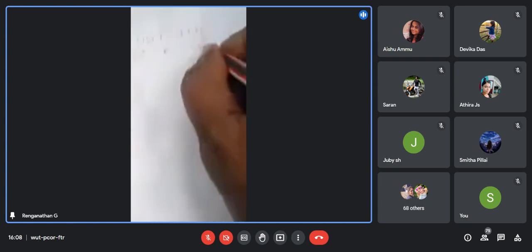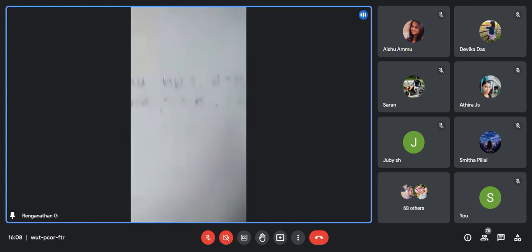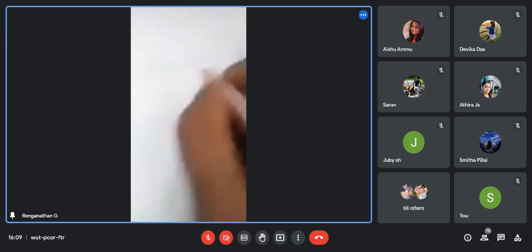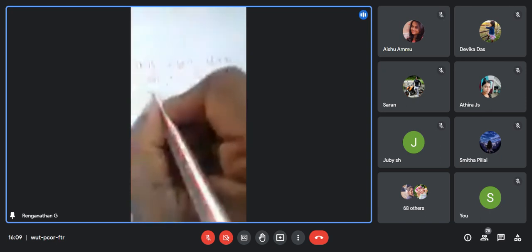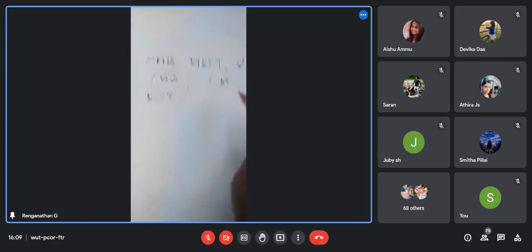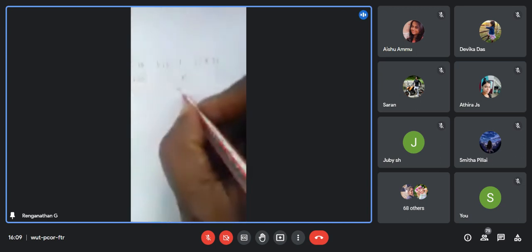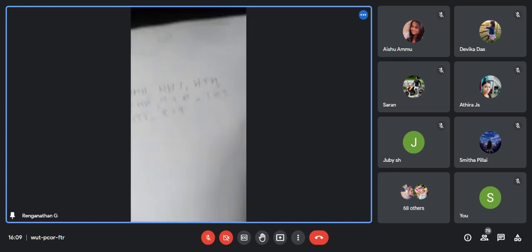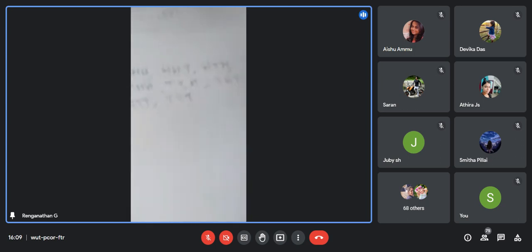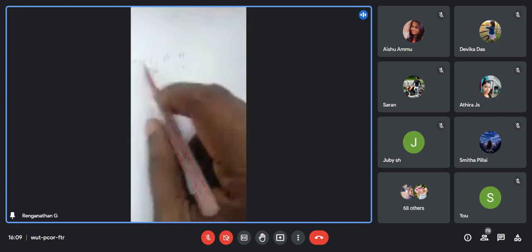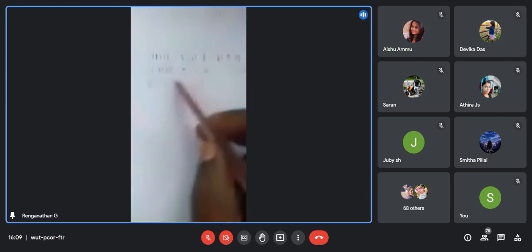Then one tail, one head and another tail. Then one head and two tails. Okay, then all three are tails. Is there any further chance of getting anything? Just tell me. When I looked into this, I got these results.